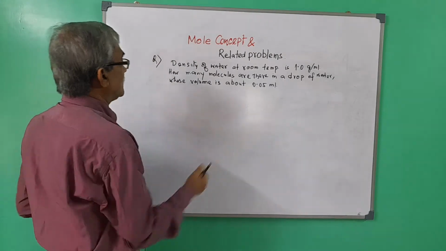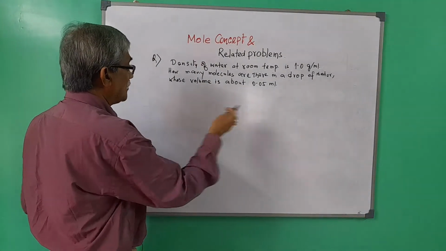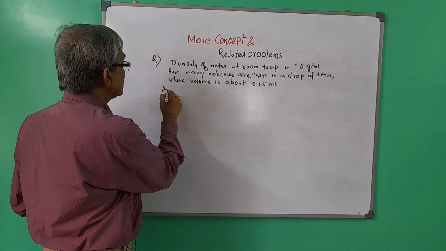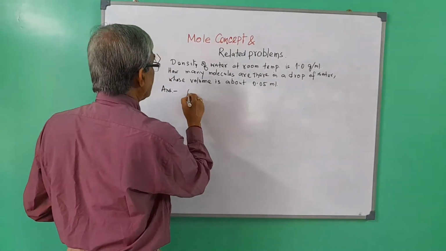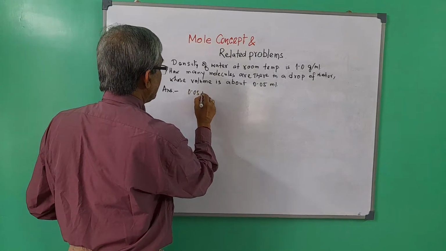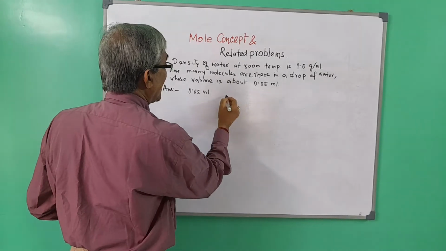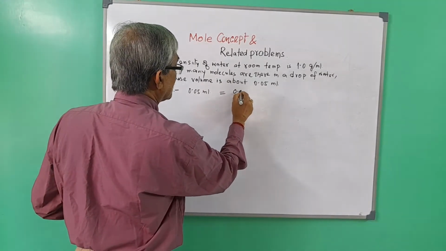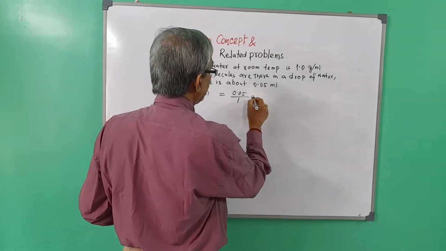This is your question. So what is your question? How many molecules are there in a drop of water? So I can answer it. A drop of water has a volume of 0.05 ml. So its mass will be 0.05 upon 1 gram.